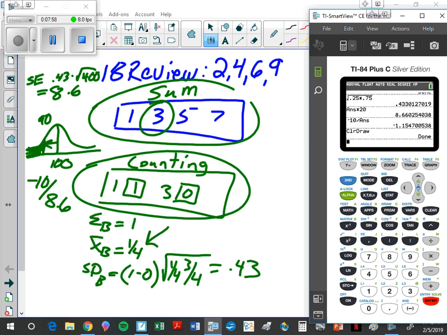So now I will shade norm from -infinity to -1.15.